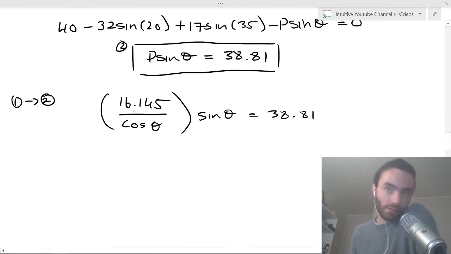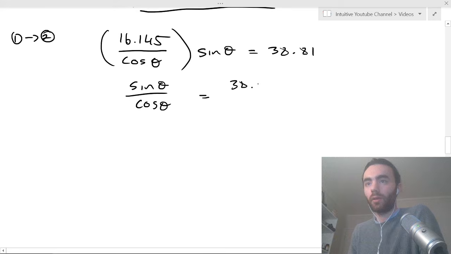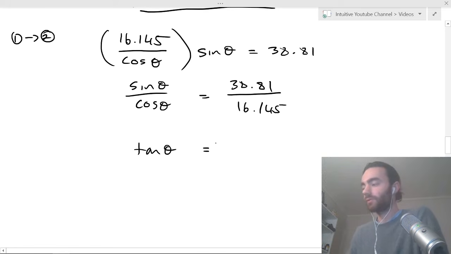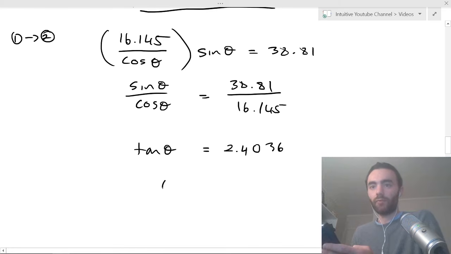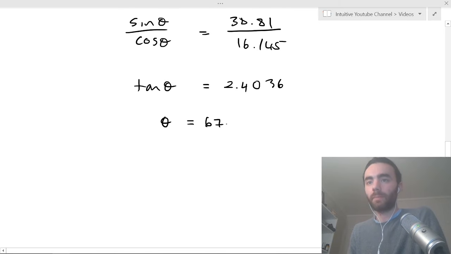Cool. So then we have sine theta over cos theta equals 38.81 divided by 16.145. And this gives us tan theta equals that, which is 2.4036, and then we can find our theta. So theta is 67.4 degrees.